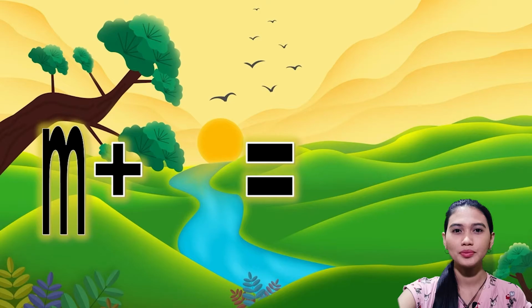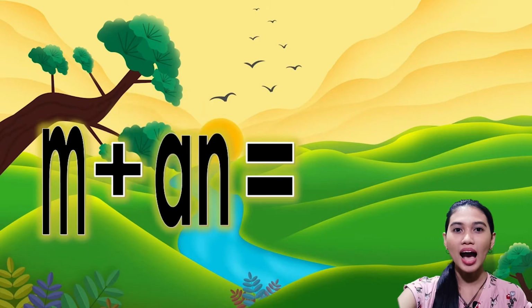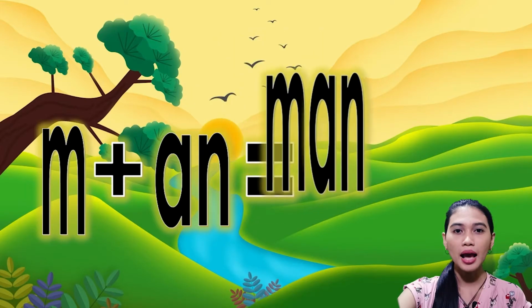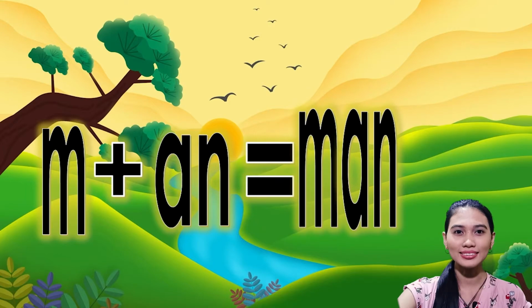M, m, m. An. Man. Man. Read it. Man. Correct.